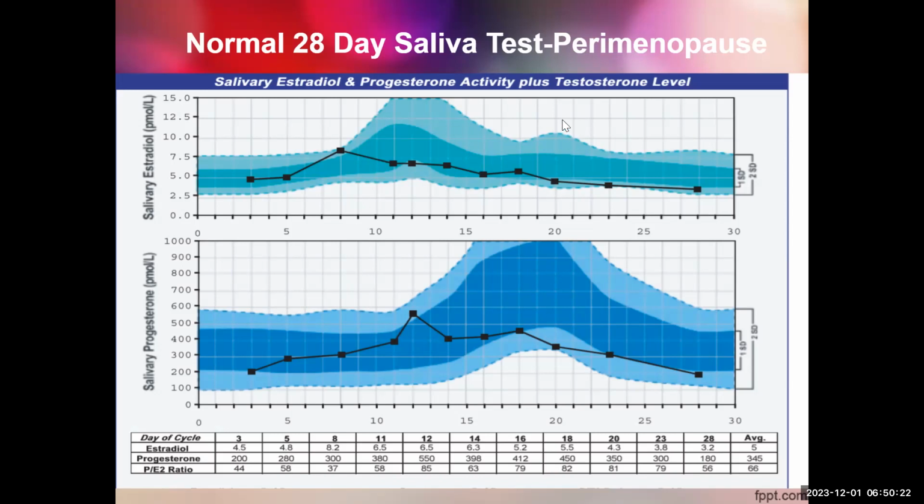So this is really your peak, the best time to get the samples, even the saliva samples. Then you see down here, they'll even do the progesterone estrogen ratios for you. You remember, less than 100 is estrogen dominant. Okay, so they actually do it for you right here.